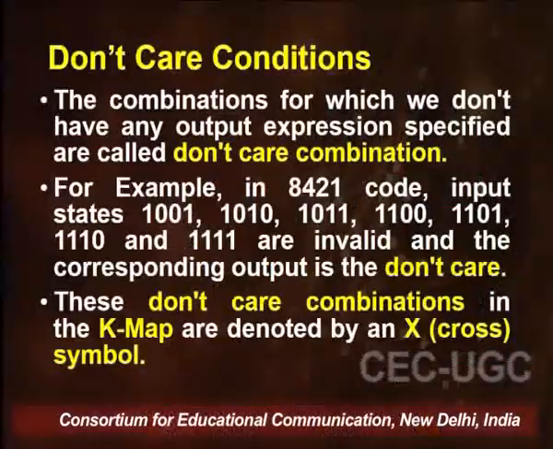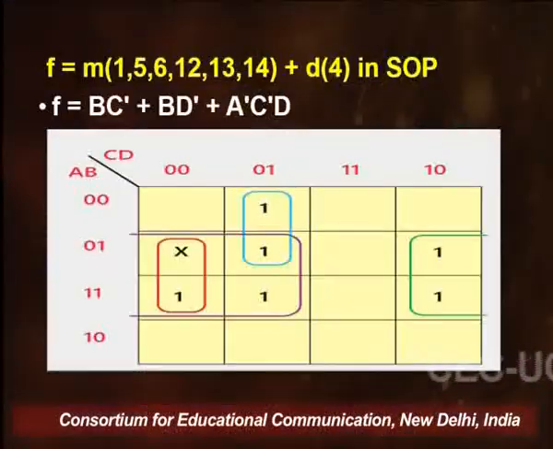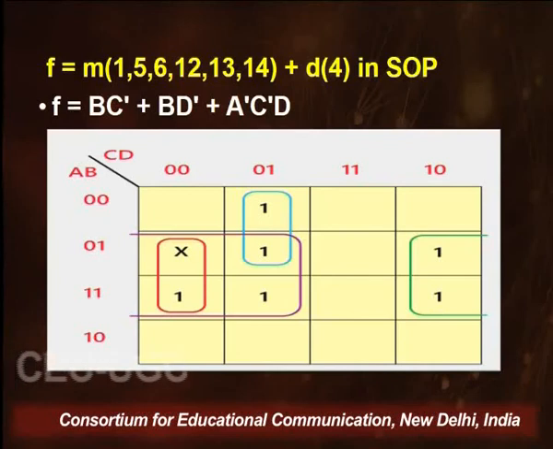We have taken some examples here in the 8421 code. The input states 1001, 1010, 1011, 1100, 1101 and so many more. These are our don't care conditions. So let's look at a map with a don't care condition. When I plotted these values here on this table, I get groups of 2 each, but I wanted to make an overlap group or a bigger group.